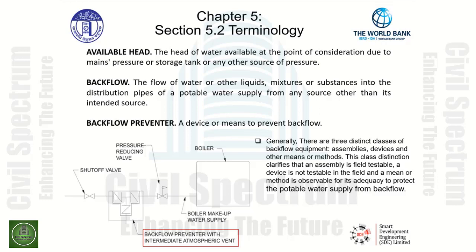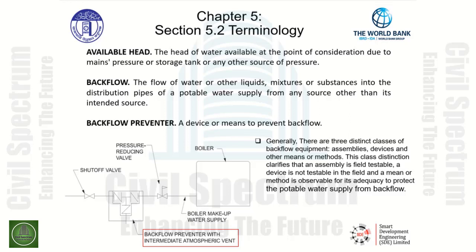As can be seen here, this is a backflow preventer with check valves. As you can see, it's an intermediate atmospheric type vent designed to prevent backflow going from the boiler back into the potable water source.